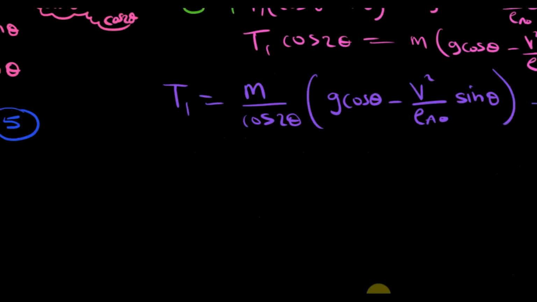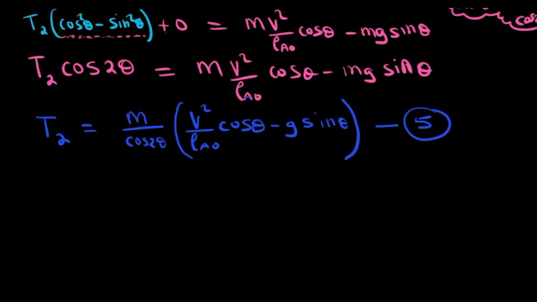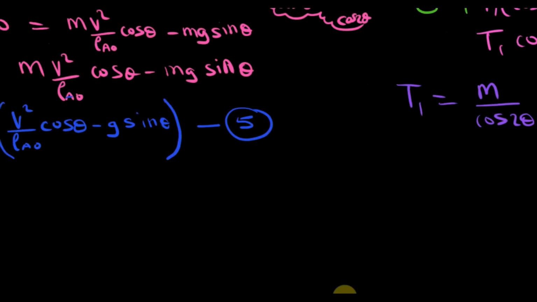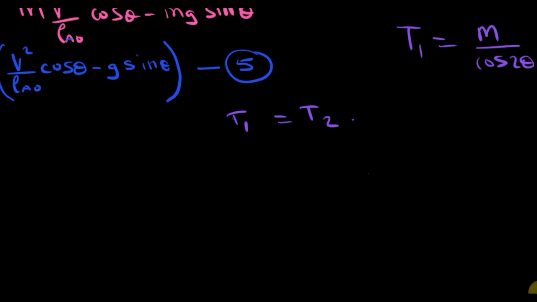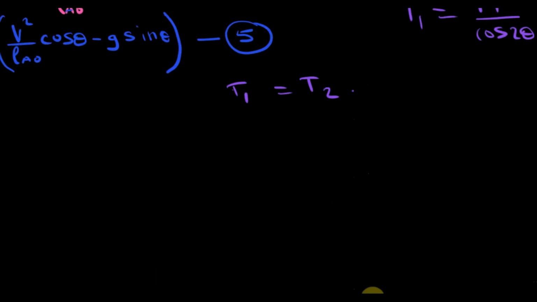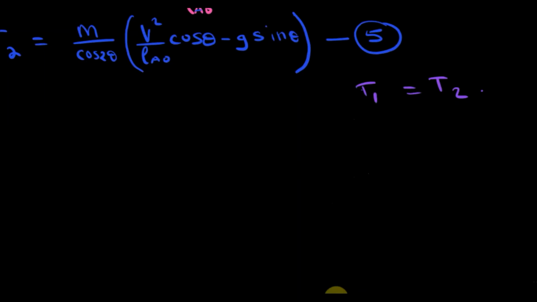And that, so T1, we need to find out the value of the velocity when T1 is equal to T2. Okay. So this is the value of T1.